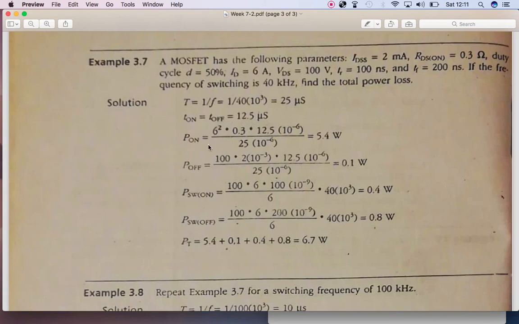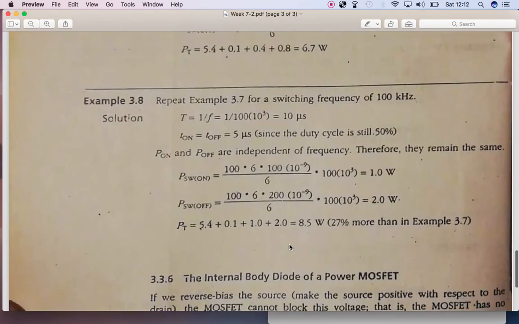And then we have the formula for the P on power loss. We have put all the known values over here, and for the P off we put all the known values over here. For the switching on time and the switching off time, we put all these known values to calculate their relevant values, and then sum all those values to calculate the total power loss.